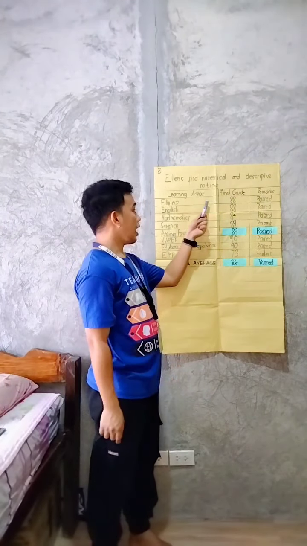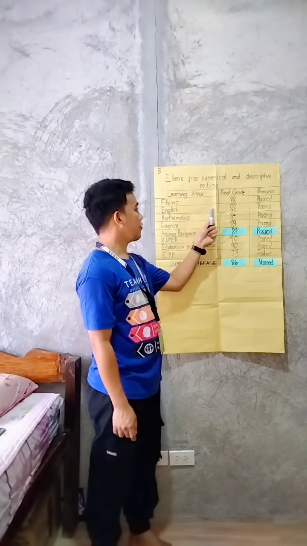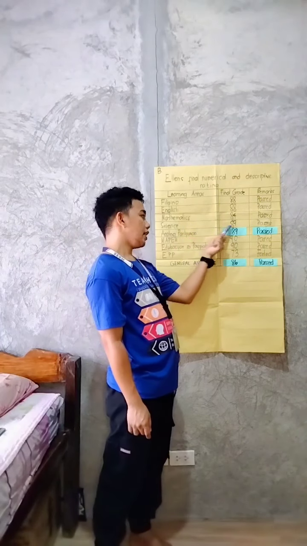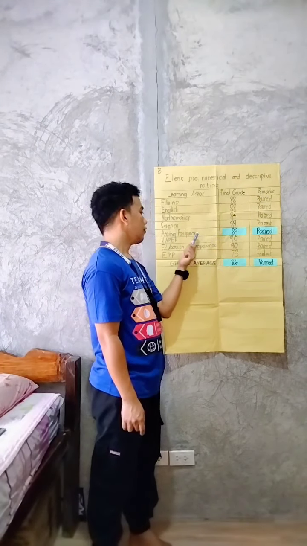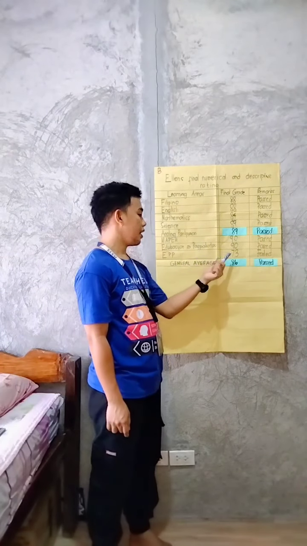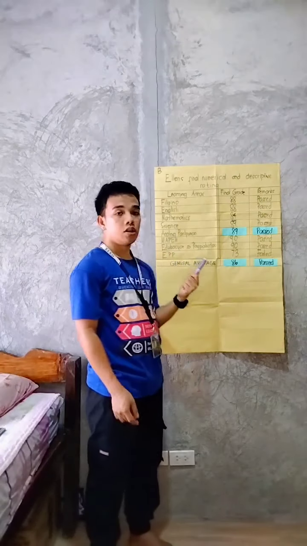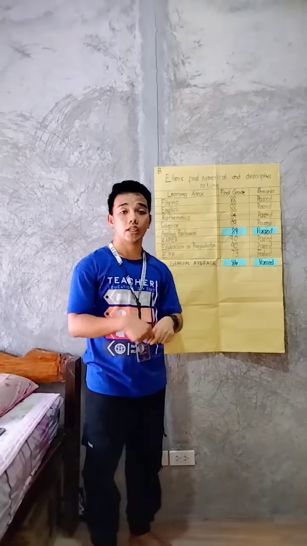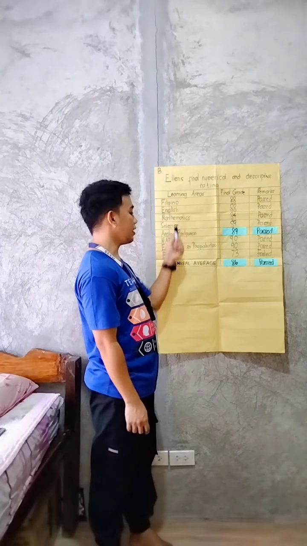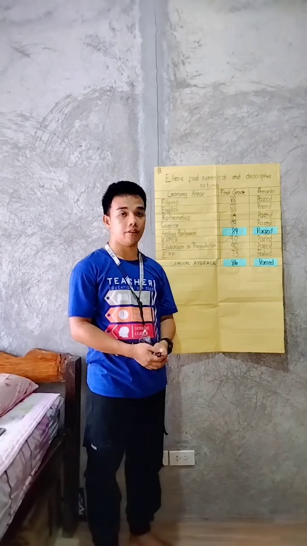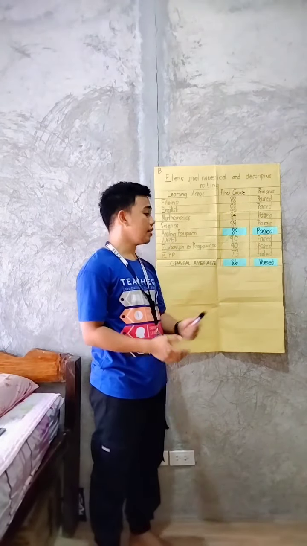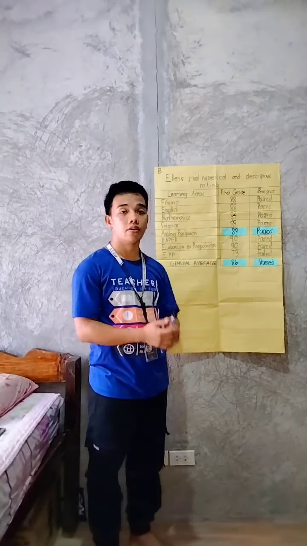So 88 for Filipino, 88 for English, 84 for mathematics, 89 for science, 89 for Araling Panlipunan, 90 for MAPE, 90 for ESP, and 73 for EPP. In total is 691, divided by 8 is 86%. So the general average of Ellen is 86%, which is passed.